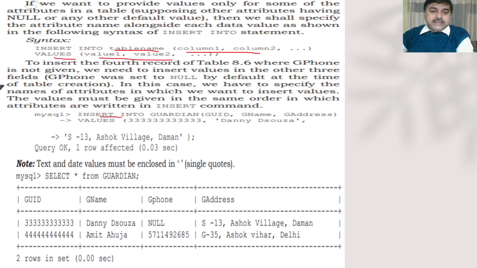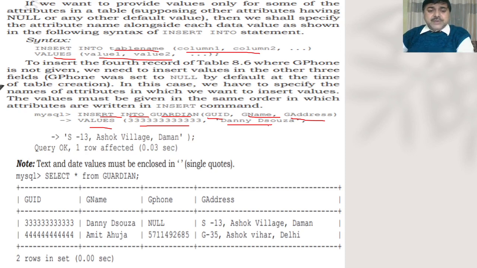If you don't declare the columns, it will ask you for all the columns, and then you cannot give a null value. Null will not come automatically. So I give the guardian ID, guardian name, and guardian address, and I skip the phone number. Then values, and you can see the value given, then the name specified.